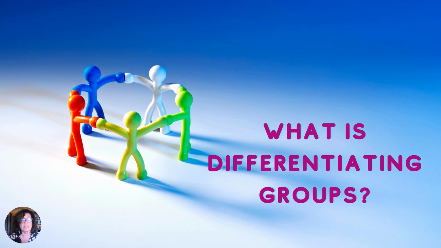We can differentiate groups, for example, by roles according to ability. Some learners may be good at doing research, others at drawing or using technology. So you can allocate roles if you think that a learner needs to develop a particular ability, or you can allow them to choose their roles or allocate roles randomly.